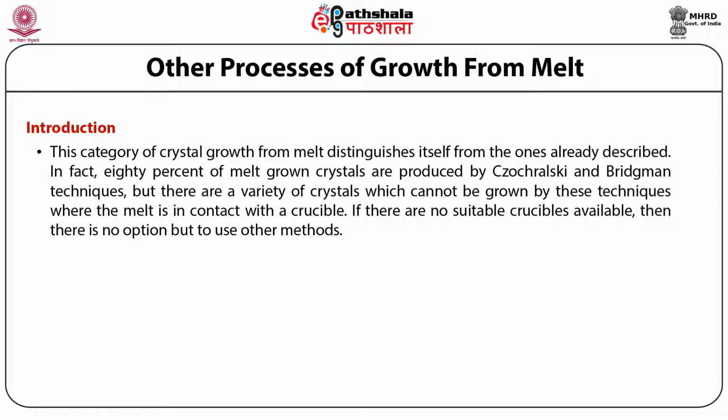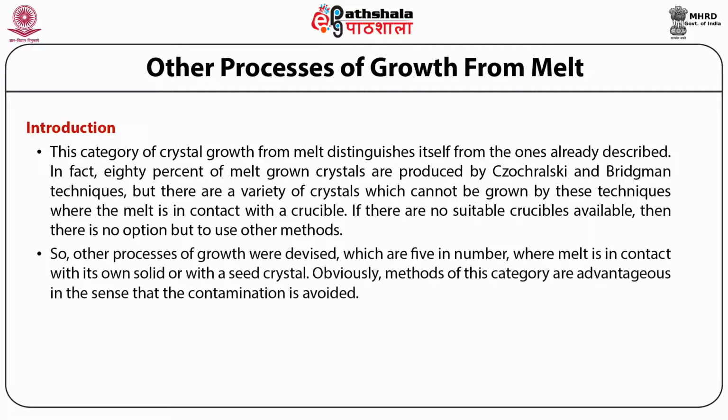If there is no suitable crucible available, then there is no option but to use other methods. So, other processes of growth were devised, which are 5 in number, where the melt is in contact with its own solid or with a seed crystal.